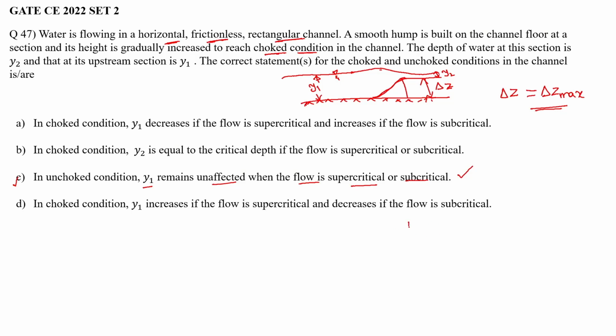What I mean here, let's say this is a specific energy curve. This is the initial curve, one situation. Now if the choked flow happens, the curve will shift towards the right.